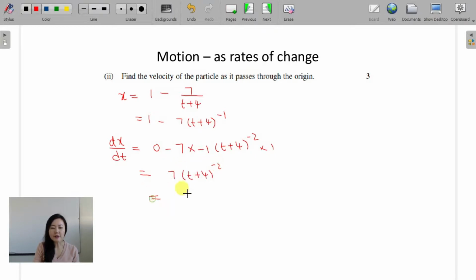And you know how I feel about negative indices, so let's change that back. That's your velocity time function. As it passes through the origin, we need to figure out the time when that happens. Origin is when x is 0, so we're going to solve this equal to 0.